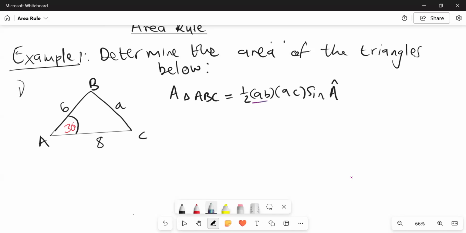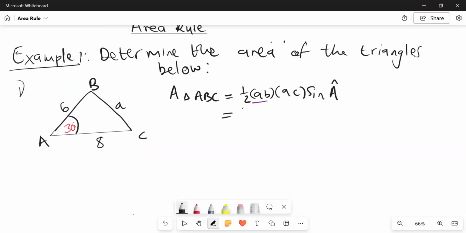AB, this is the side AB, which is 6. And AC, this is the side AC, which is 8. And then sine A is this included angle. I hope it makes sense to everyone.